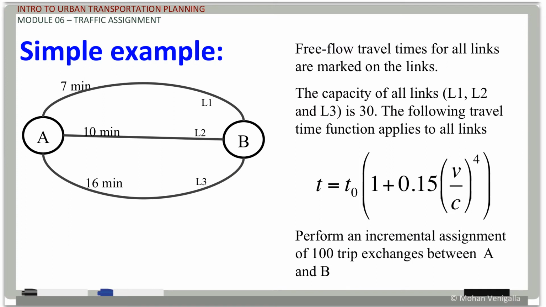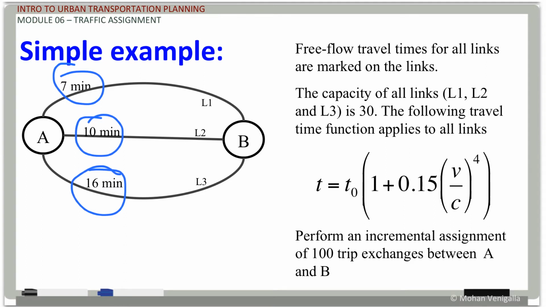So here is a simple problem with 2 zones and 3 links. It's the same network we used earlier for the all or nothing and stochastic assignment, but with slightly different travel times. Link 1 has a 7-minute travel time, link 2 a 10-minute travel time, and link 3 a 16-minute travel time.